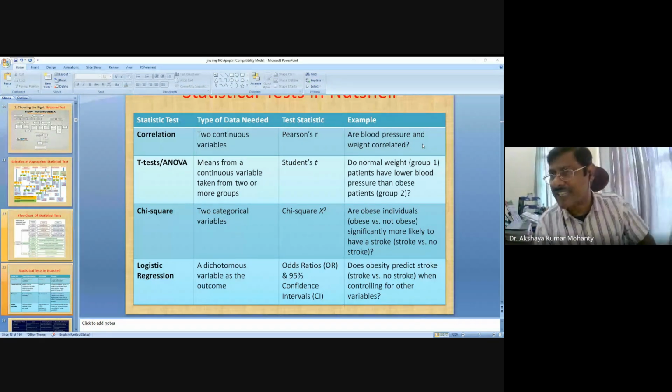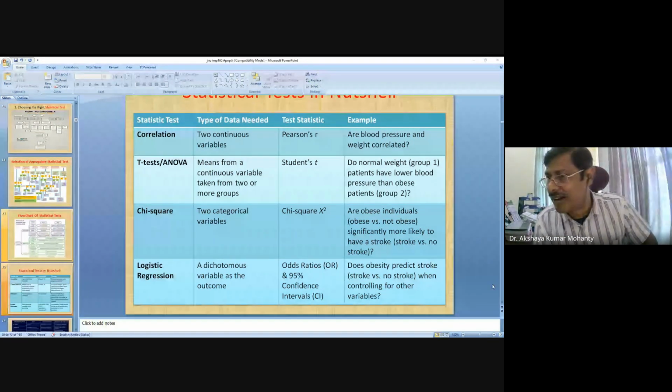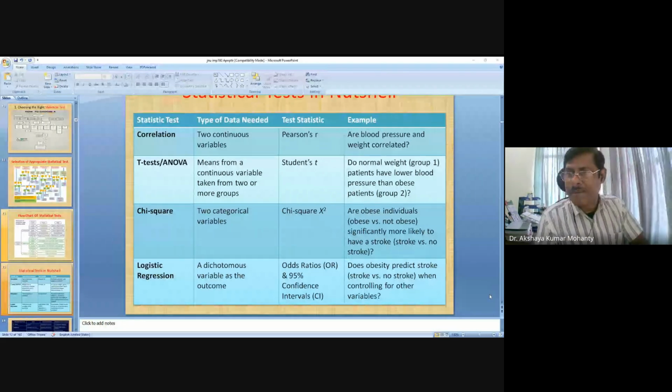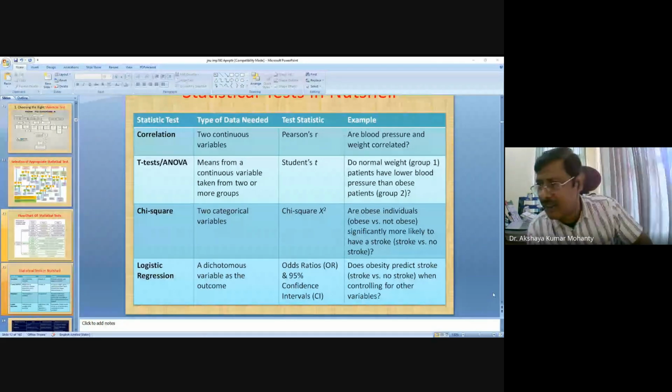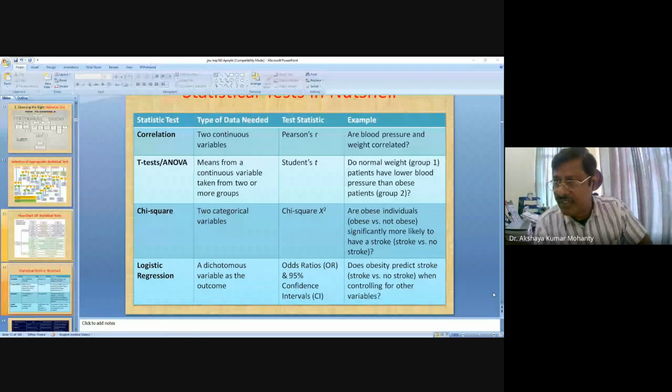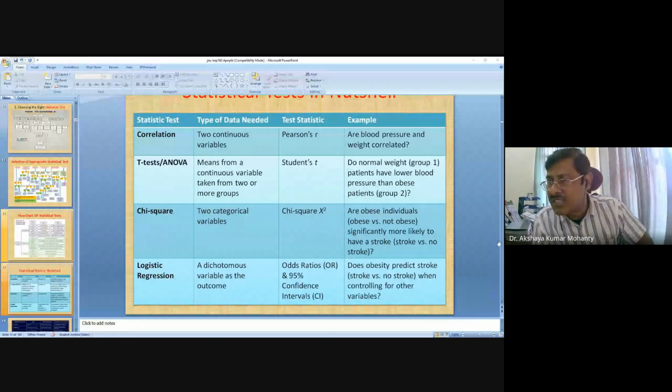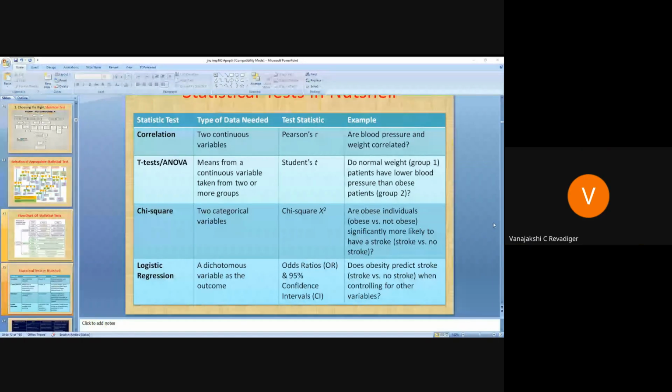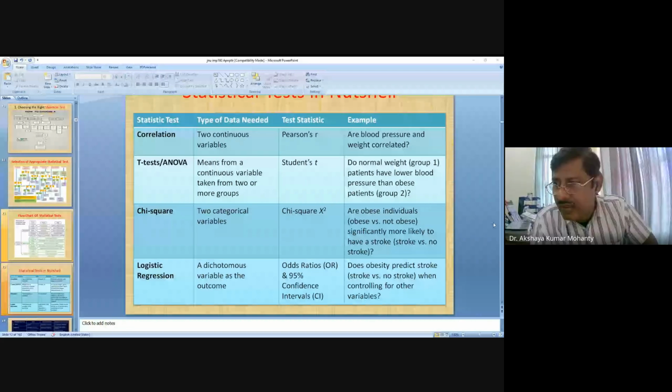No. Anybody else, please? Thank you. I will come. Yes, anybody else, please? Okay. Yes, Banajaki C. Ravadigar. Please show your face. Yes, please.